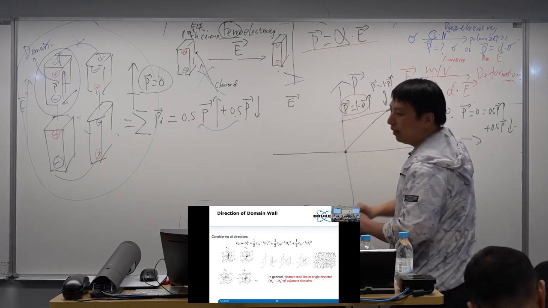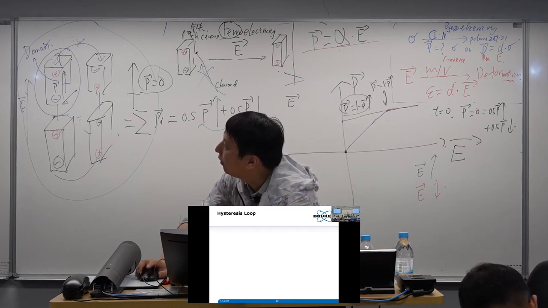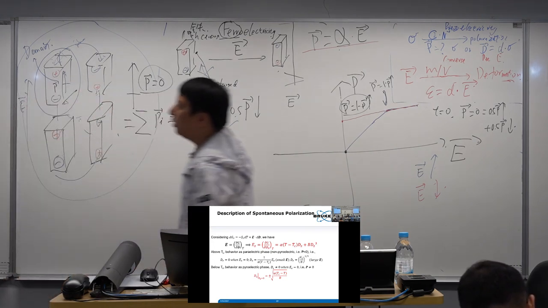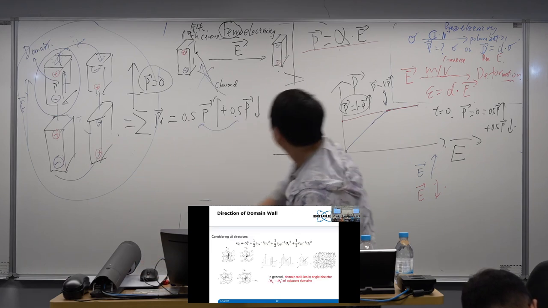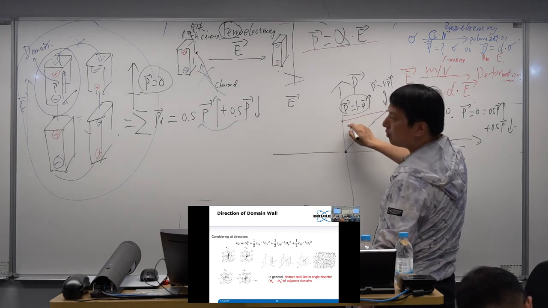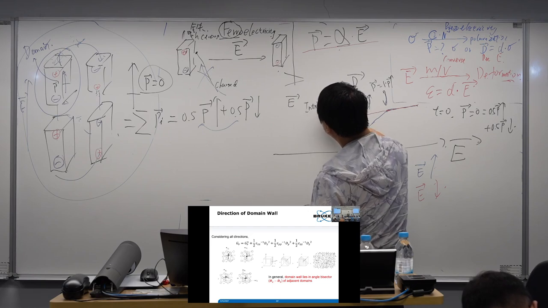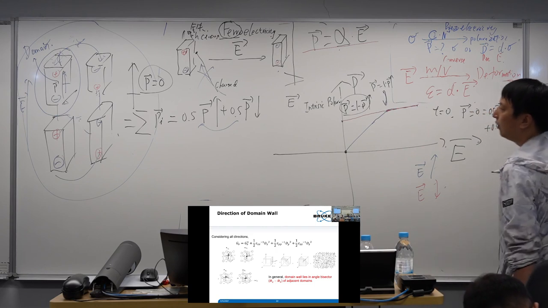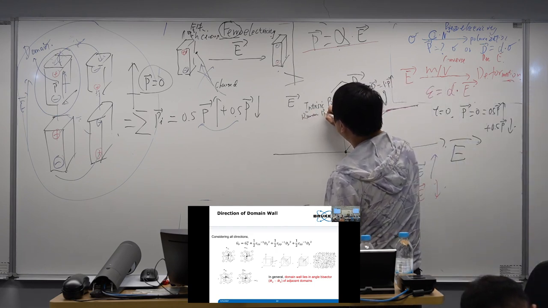So this is what the theory tells us. And at this point, we call this polarization the intrinsic polarization, or we can call it remnant polarization.